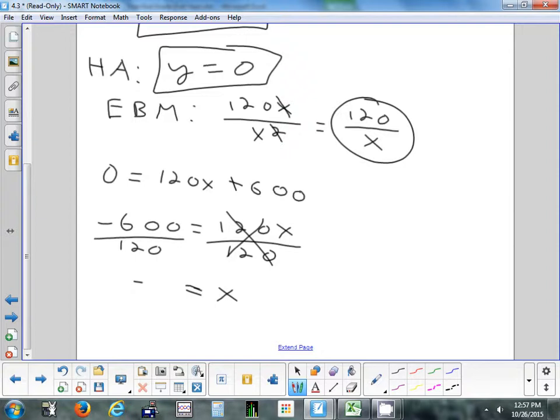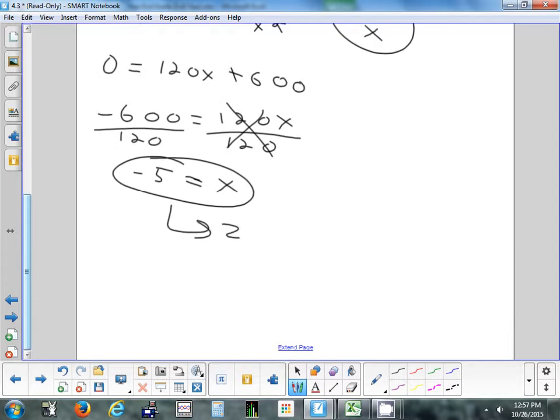Negative 5. So negative 5 is the value you could plug in and get 0 for y. Again, negative speed probably doesn't make sense in this problem, but that's what it is. That's your root, or your 0.